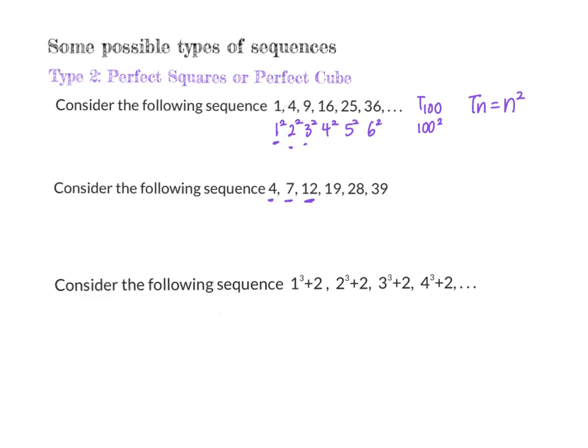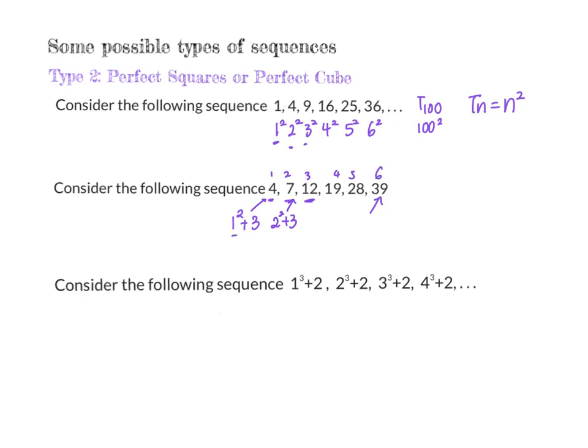Let's observe. I have 1 square plus 3, that's 1 plus 3 will give you the number 4. For 7, I get 2 square plus 3, which is 4 plus 3, 7. What do you think will be this term? This is 1, 2, 3, 4, 5, the 6th term.